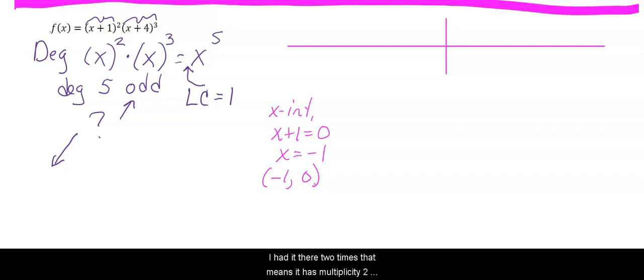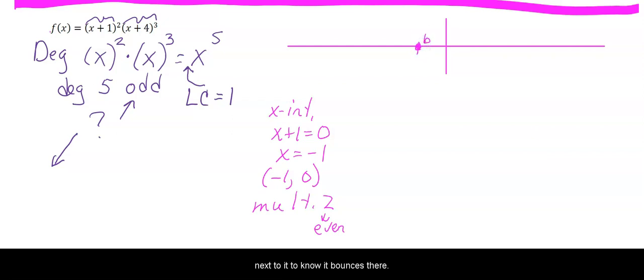I had it there 2 times. That means it has multiplicity 2, and since that is even, that means it will bounce. So on the graph at -1, I'm going to put a lowercase b next to it to know it bounces there. My other factor was x plus 4.